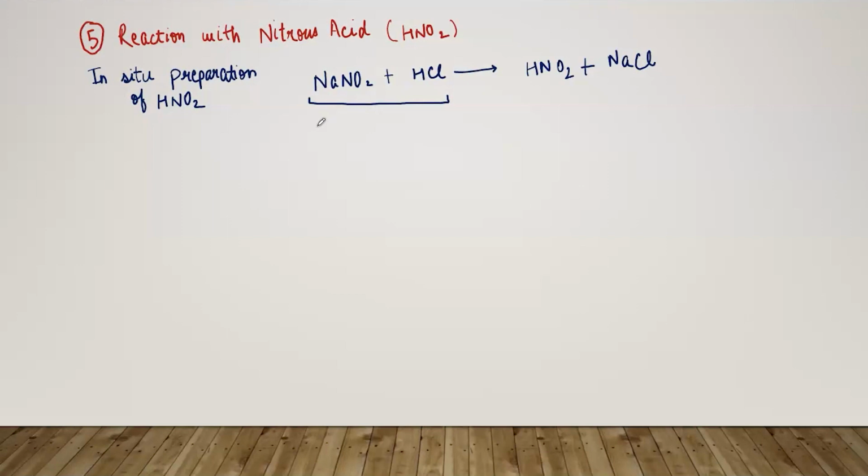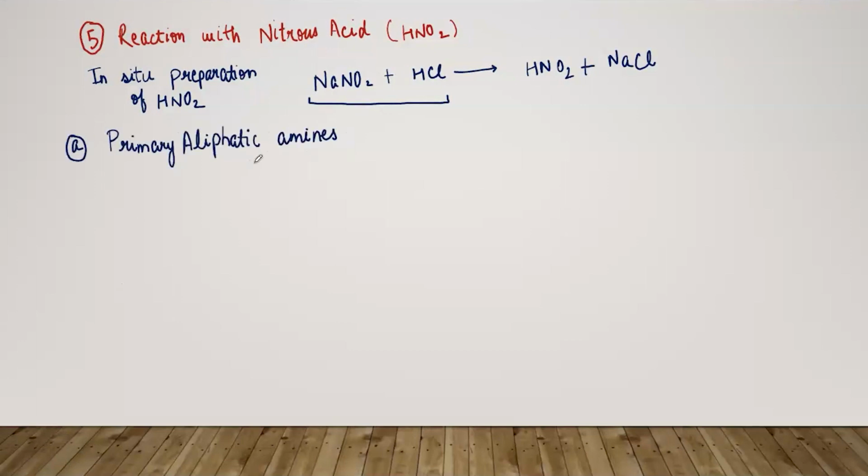So whatever product is being formed, we can use that product to determine what kind of amine was the reactant. So in this also, I like to divide it into several parts because different kinds of amines will give different products. So first, we will start with primary aliphatic amines.